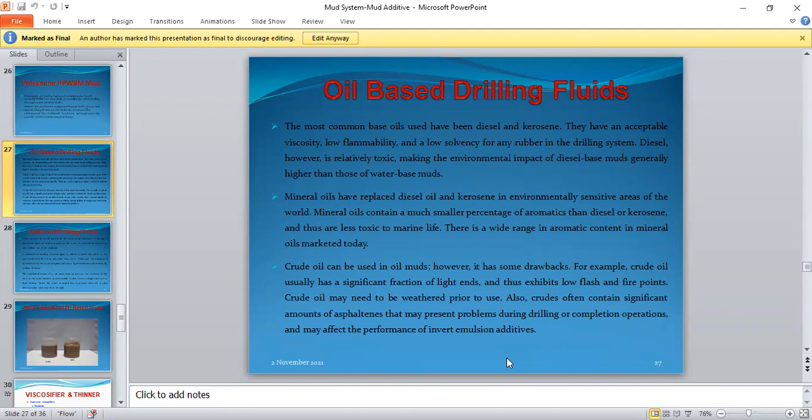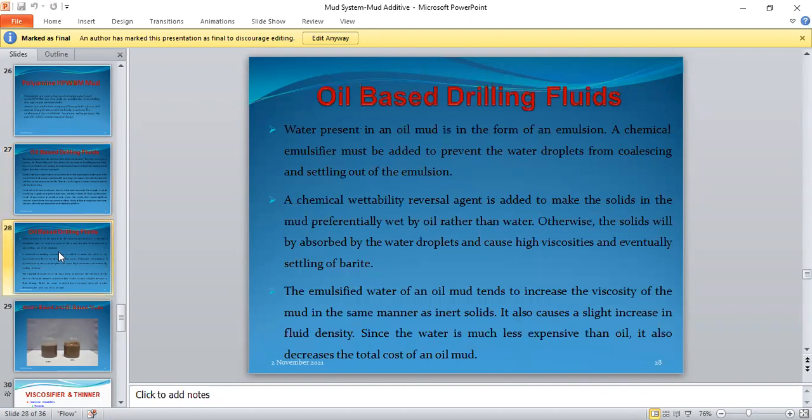The flash point and fire point of crude oil is very low. Any small heat will make crude oil catch fire. So that is the setback of crude oil. So you see that mineral oils are better used. Currently, mineral oils are being used all over the world, though in some countries, they still use diesel.